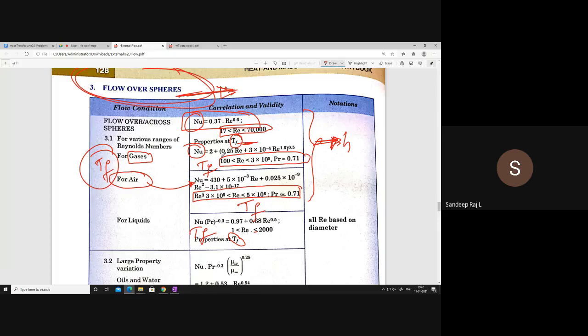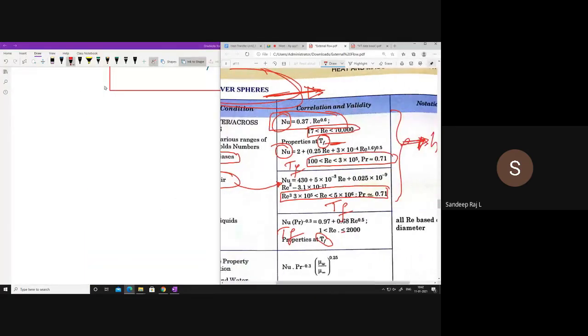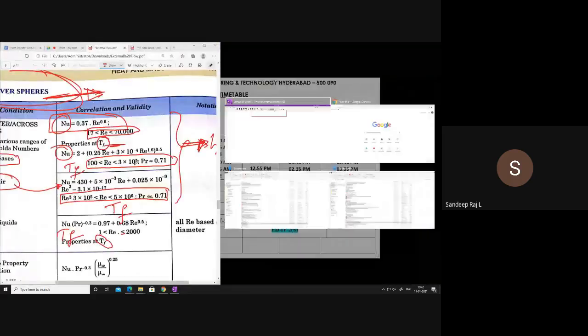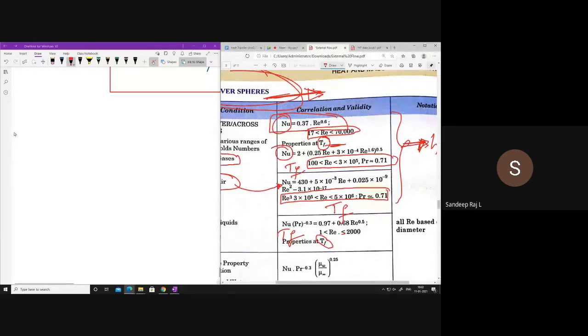You can use Nu is equal to 2 plus 0.25 into Re plus 3 into 10 to the power of minus 4 into Re power 0.6 or 0.5. This you can do.